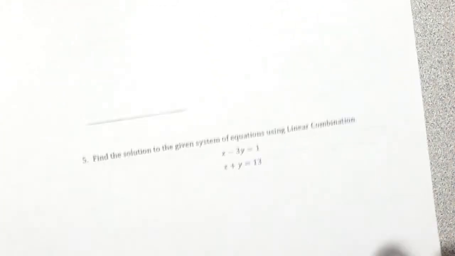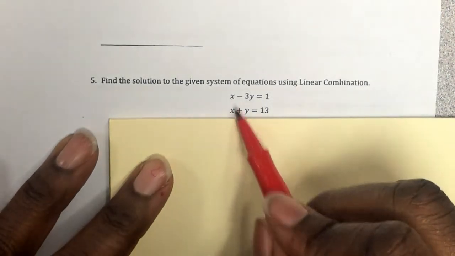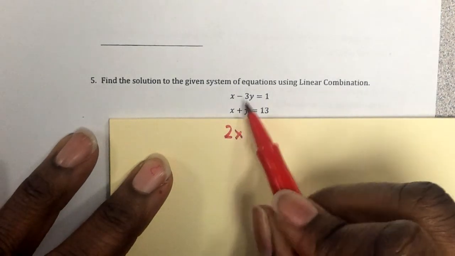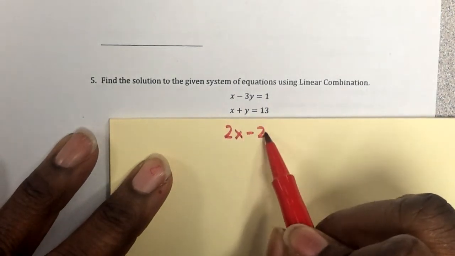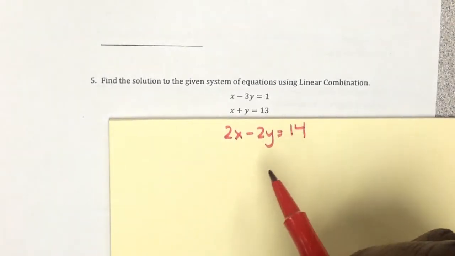Number 5, find the solution to the given system. Now, I haven't seen this much this year, thank you, but I just saw it today. Somebody's sitting here thinking, oh, I can add those up, that's 2x. Add those up, that's negative 2y, and then add those up, that's 14. Then they start playing around with this.